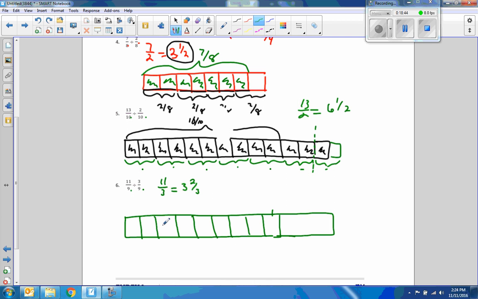Okay, so 1, 2, 3, 4, 5, 6, 7, 8, 9 9ths is right here. That's 1. 10 9ths, 11 9ths, and I have a little too much here, so there is 11 9ths.